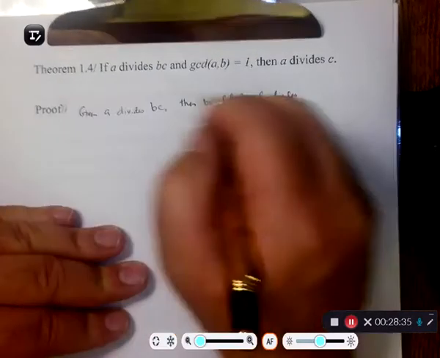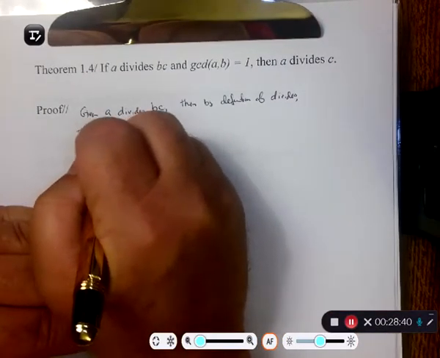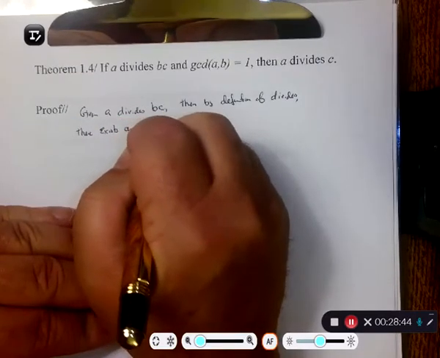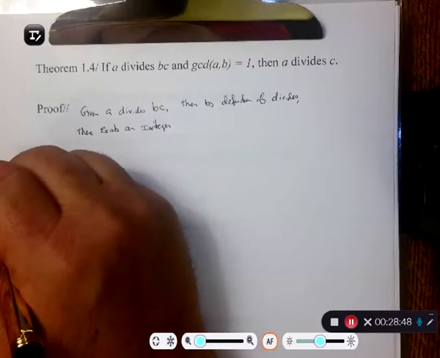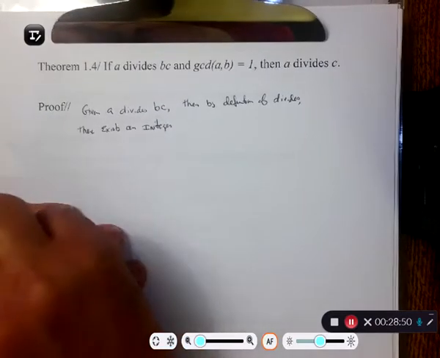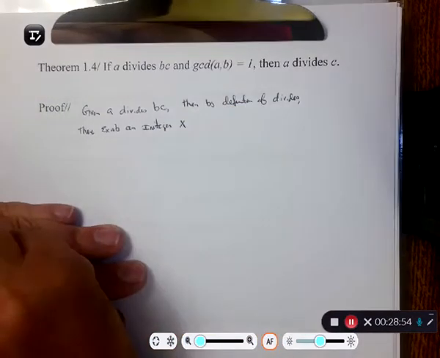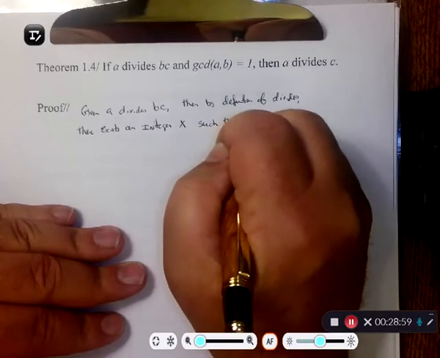By definition of divides, there exists an integer, and here you go, classic algebra. We let a letter represent an integer. Pick any letter you want. I like x.